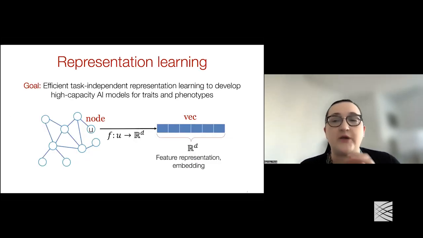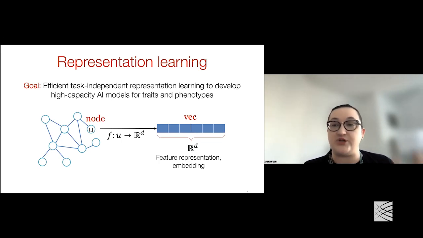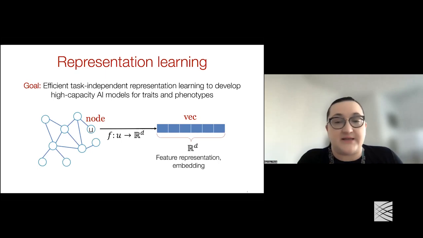In essence, the way to think of representation learning is the following. We have on the left an input data set, which I'm visualizing as a network or a graph, meaning that the data set is represented as a set of nodes connected by lines that indicate associations or edges. Think of that network as a gene function relationship network, a gene-gene interaction network, a protein interaction network, or a cancer dependency data set.